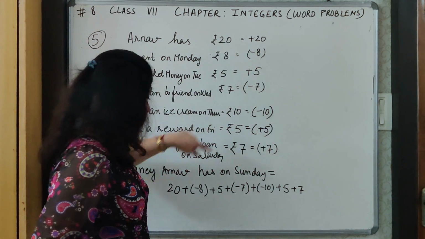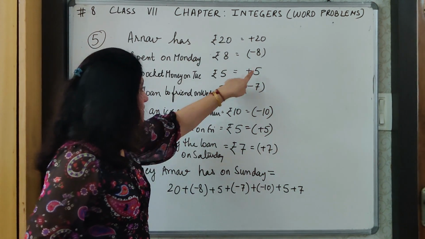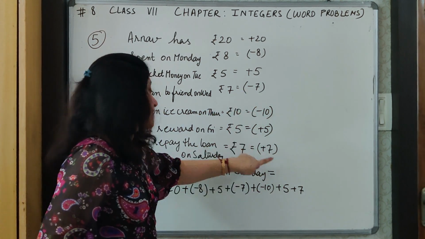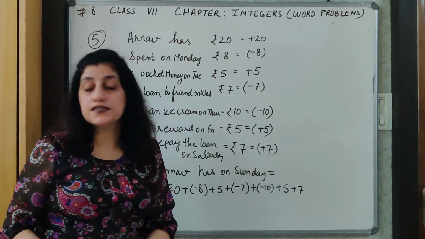Quickly checking, 20 minus 8 plus 5 minus 7 minus 10 plus 5 plus 7.